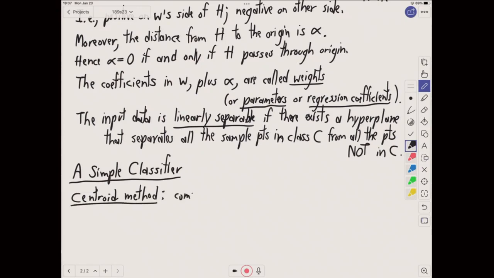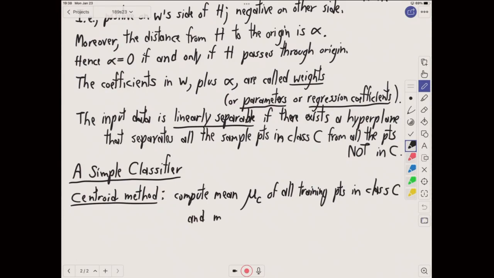So the idea is that we're going to compute the mean of all the training points in class C. We will call that mean mu subscript C. And we're also going to compute the mean of all the points not in class C. I'm going to call the mean of all those points mu subscript x.